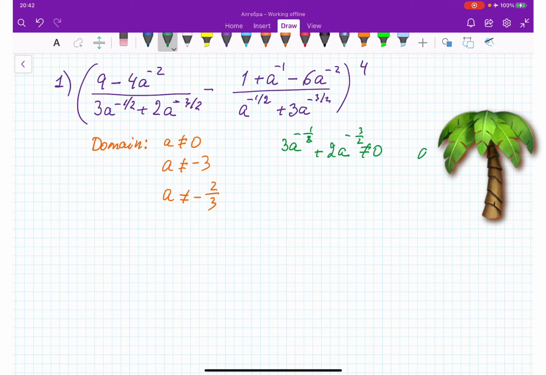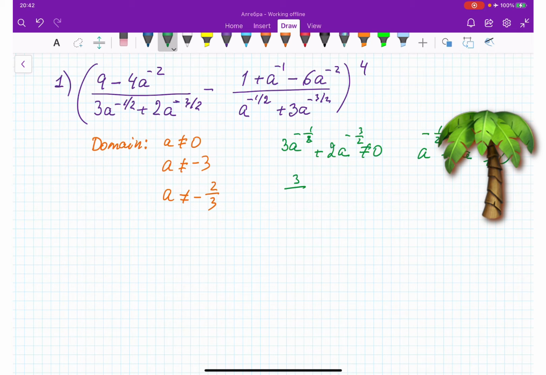And here a to the power negative 1/2 plus 3a to the power negative 3/2 cannot be equal 0. Let me rewrite this again, because this negative looks like part of a fraction. Okay, so let me solve the first one and then the second one.